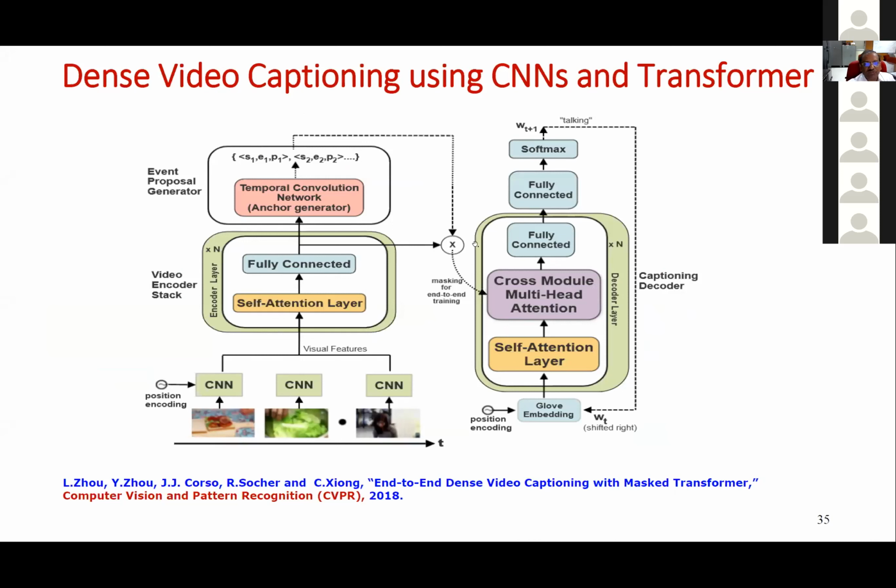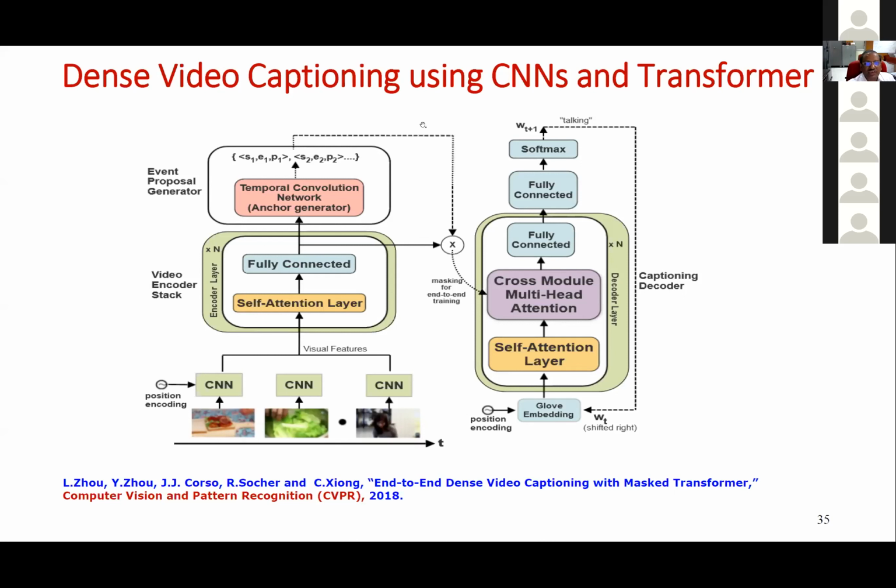And we combine that information, and that information goes as input to the decoder module, and that decoder module generates the caption for the complete video. Okay, and the GloVe embedding is one of the representations of the word embedding, which is used here for the caption during the testing as well as for the training process.